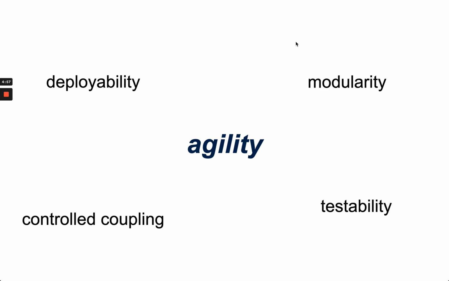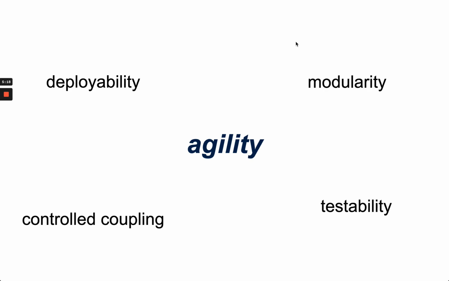Whereas if I have a big ball of mud, every change may have a rippling side effect somewhere else. I have to test the entire system. And so having good modularity and well-defined coupling really facilitates this ability to do things like continuous deployment or continuous delivery.